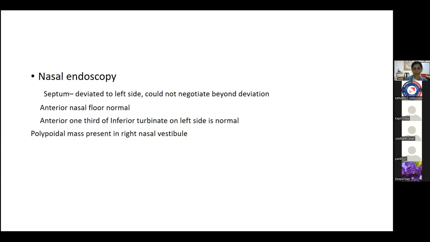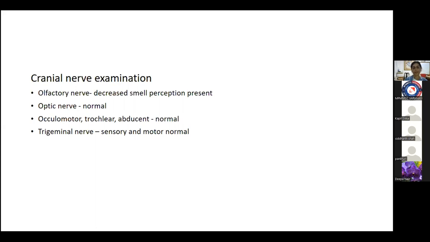So how do you check the motor and sensory trigeminal nerves? For sensory, we have light touch and pain. We can ask the patient to close the eye, and then with cotton wool, we can test light touch. Close the eye, then on one side we can compare with the other side for light touch with the cotton wool.